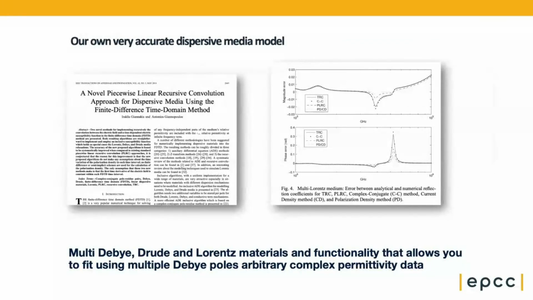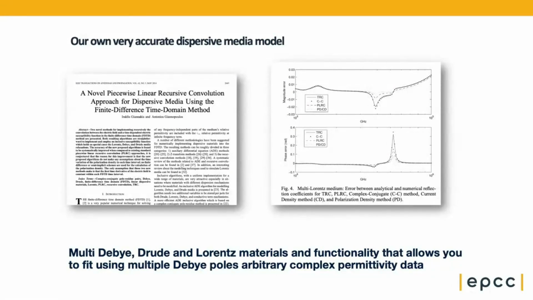Also, we have developed our own recursive convolution for adding complex frequency-dependent material in our solver. The solver is purely time domain, so obviously when you have something purely in the time domain, it's not as easy to describe properties that are frequency-dependent, and therefore we have developed a technique that allows us to do that, and actually we can model Debye, Drude, Lorentz media, and also multiples of this kind of media.